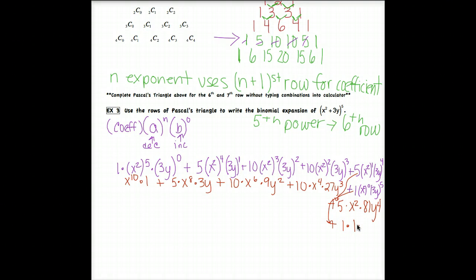Then 3 to the 5th power is 243. So 243 y to the 5th.